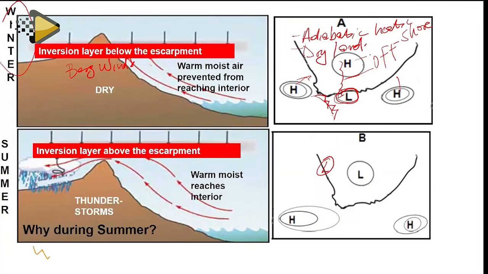What you should know is that, number one, according to the pressure gradient, air is going to blow from high pressure to low pressure. A mid-latitude cyclone is a low pressure system. So even in the absence of a coastal low, the air will still move from the interior to the coast because of the presence of the mid-latitude cyclone.